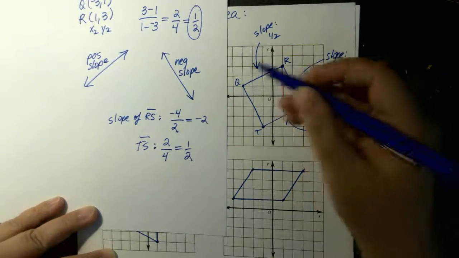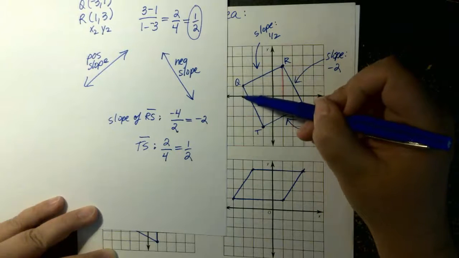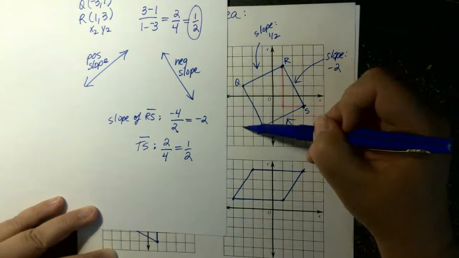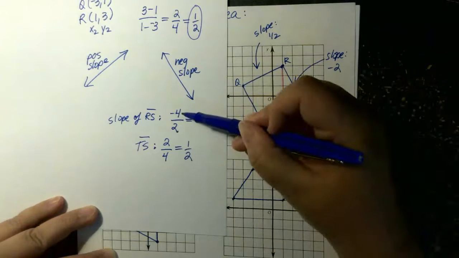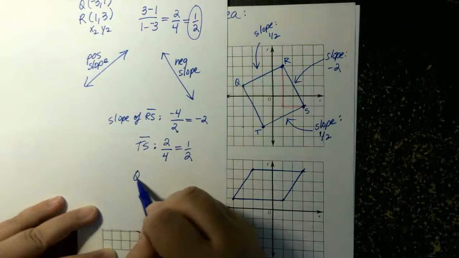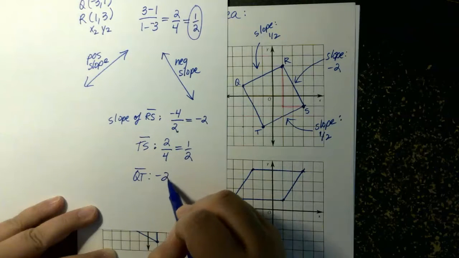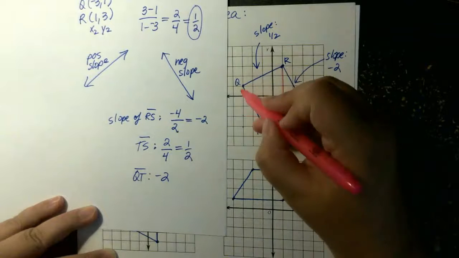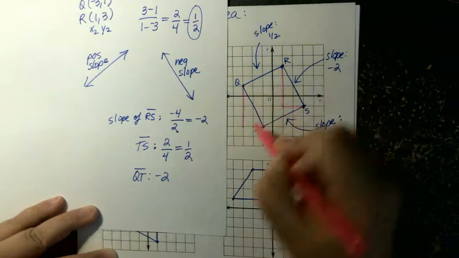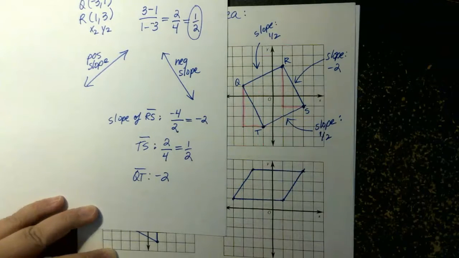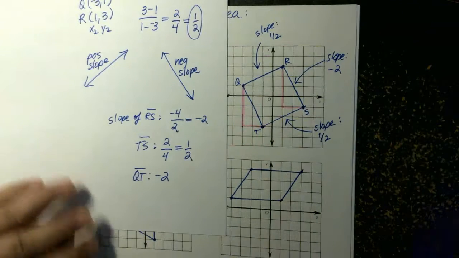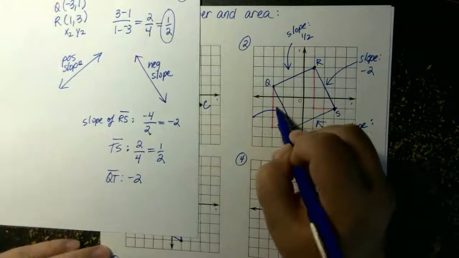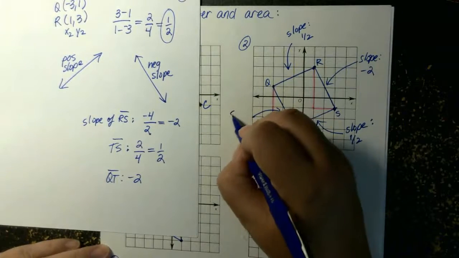And then for QT, I go down 1, 2, 3, 4, and right 2, which is exactly what I did here. So for QT, it's -2, just like RS. You can even see it if I trace it: down 4, right 2. So there are my slopes. So I know two things from these slopes.